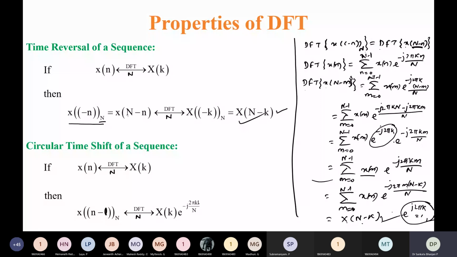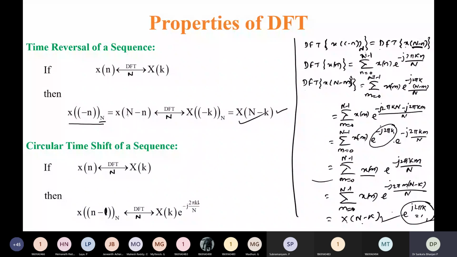If you shift in time, then what is the value of the n point dft? If you know the dft of x of n, that is x of k, then the dft of x of n minus l modulo n is x of k into e to the minus j 2 pi k l whole divided by n. The proof of this, I hope you can do by yourself.